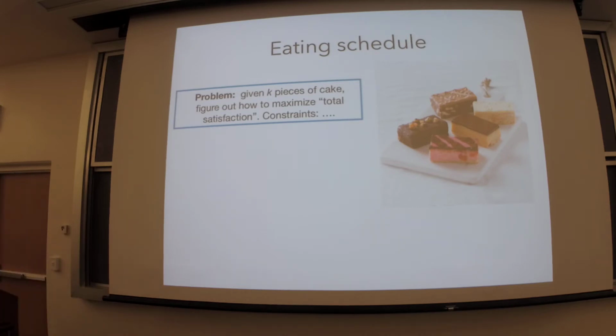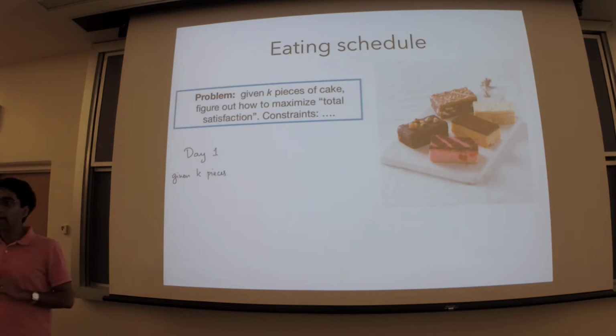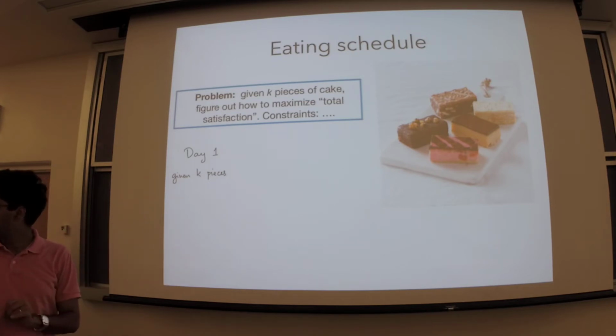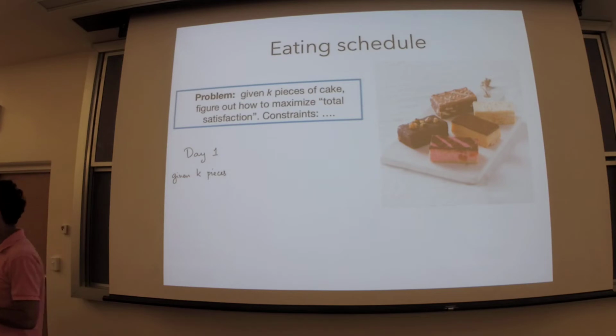The rules of the game are as follows. On day 1, you are presented with k pieces of cake, and you can either eat all the pieces, or you can eat a few and save the rest for the next day.